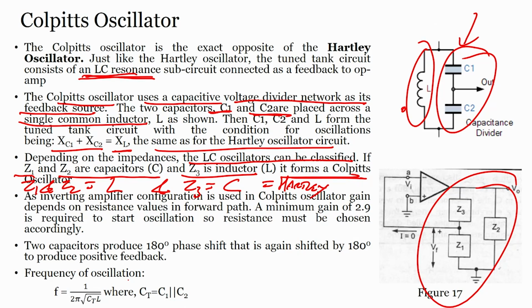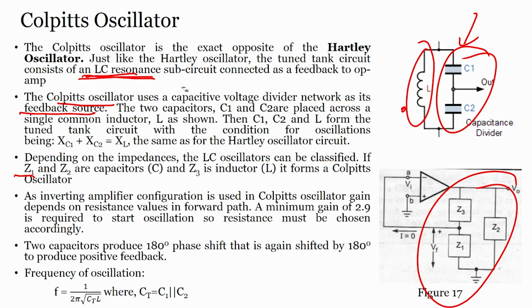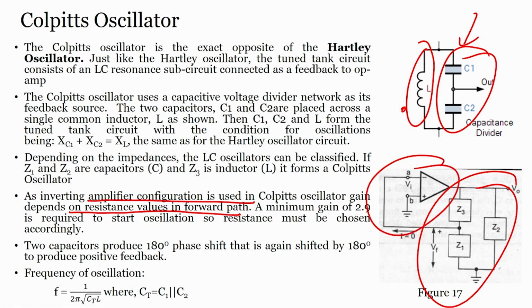As an inverting amplifier configuration is used in the Colpitts oscillator, gain depends on resistance values in the forward path.